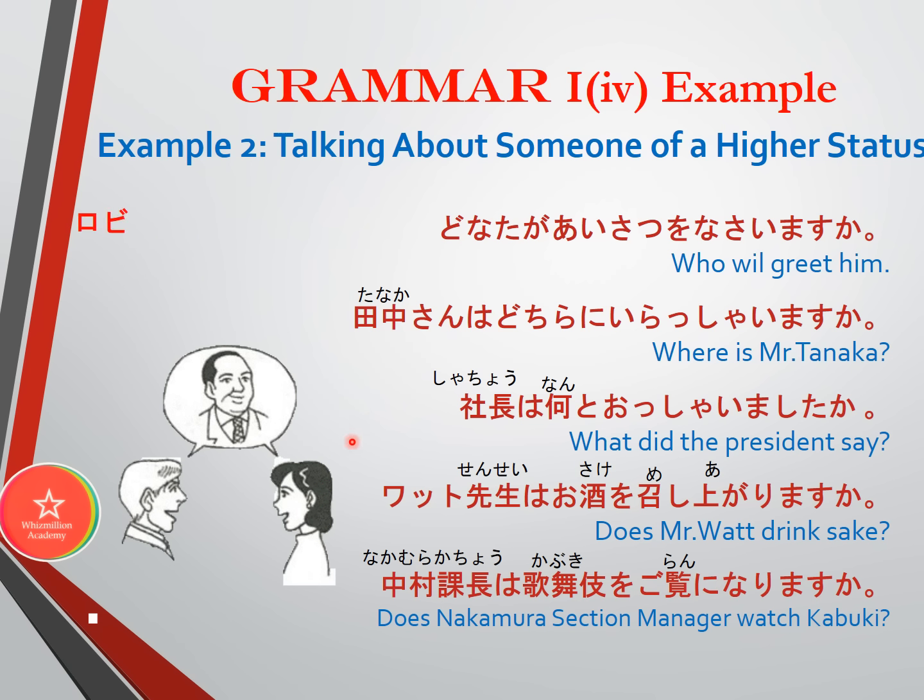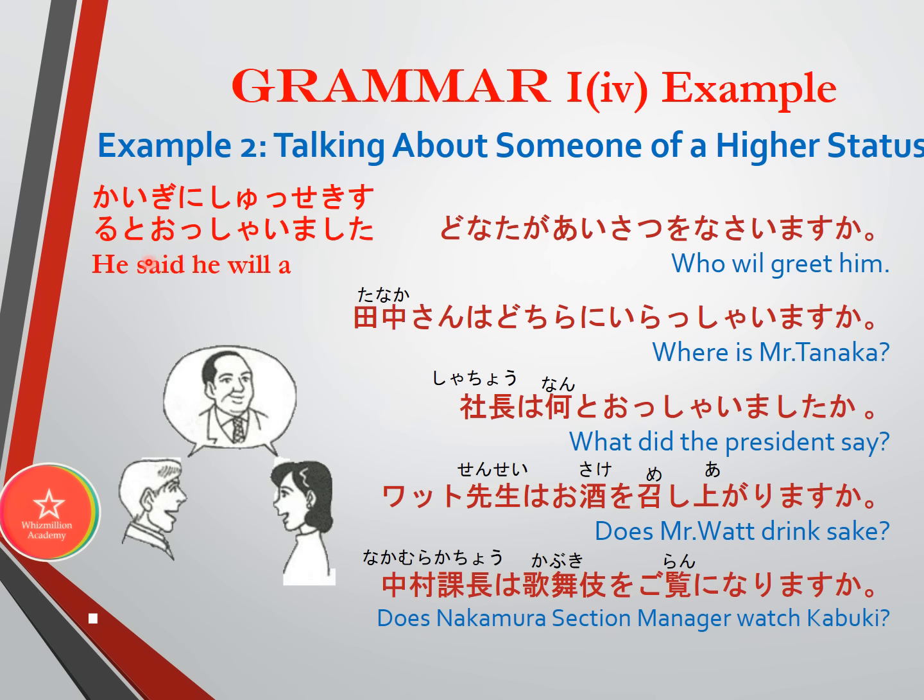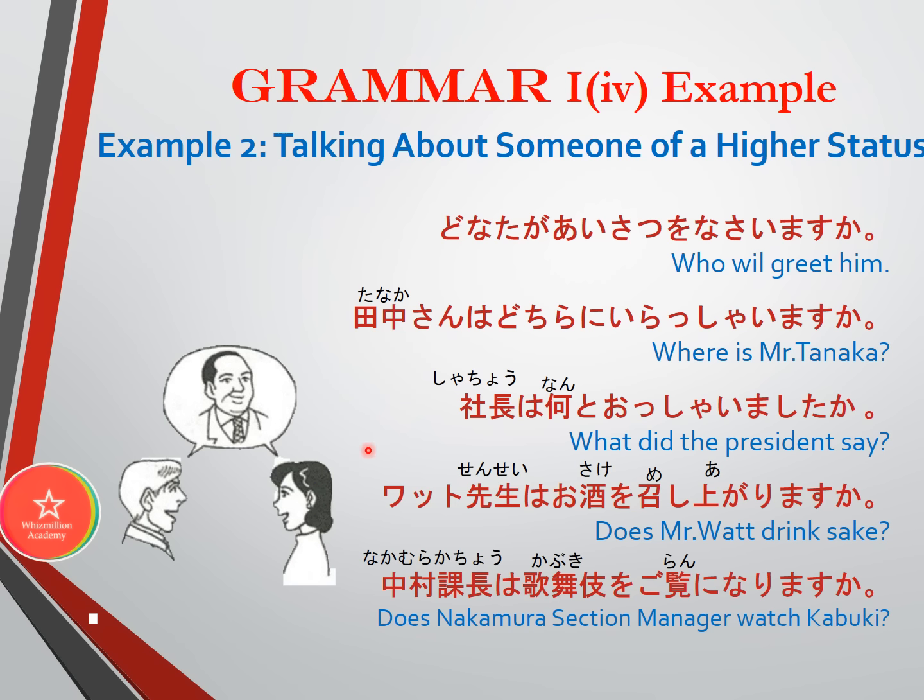Where is Mr. Tanaka? 田中さんはどちらにいらっしゃいますか? ロビーにいらっしゃいます。He's in the lobby. What did the president say? 社長は何とおっしゃいましたか? 会議に出席するとおっしゃいました。He said he will attend the meeting.